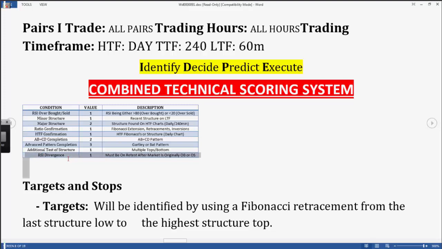So if I didn't have RSI divergence, additional test of structure, minor structure, and RSI overbought, I couldn't take the trade. So my minimum was a CTS4, but it had to be a specific type of CTS4. So even if I got an ABCD pattern completion with higher time frame confirmation and ratio confirmation, which is a CTS4, I would still have to wait until those other things were accomplished. Does that make sense?